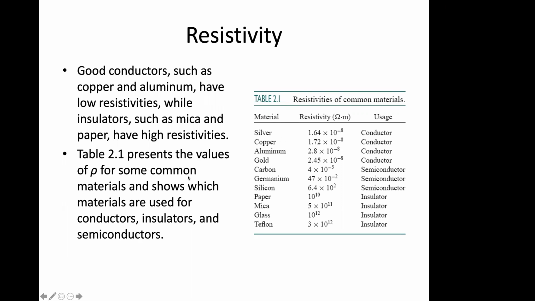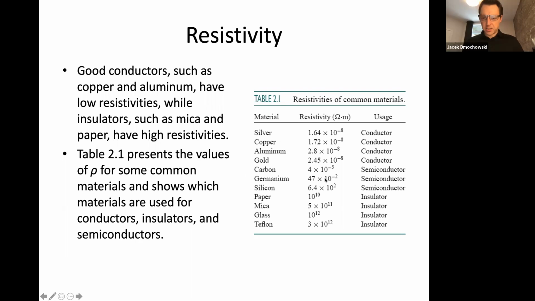And in the middle, you have what are called semiconductors, which I'm sure you've heard of. For example, silicon, which is used to make integrated circuits. So these are elements that are in the middle of this resistivity spectrum.